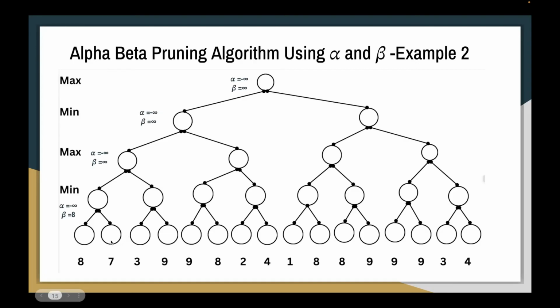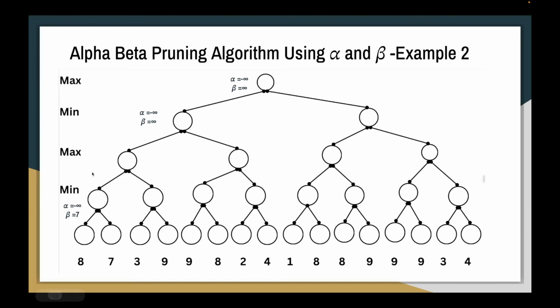Now compare with the next node, 7. Beta value is 8 and the new value is 7. So the new value 7 is the minimum value, so beta has been changed to 7. Now this value will be passed to the maximizer.